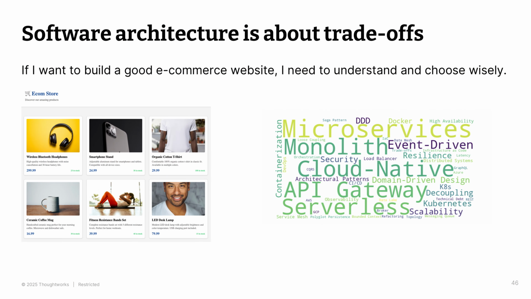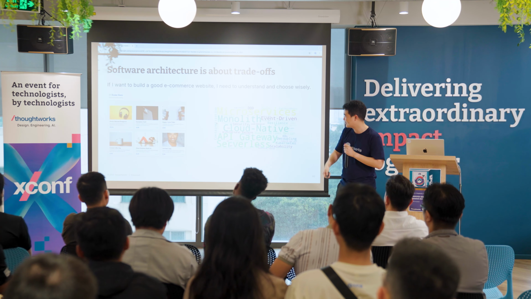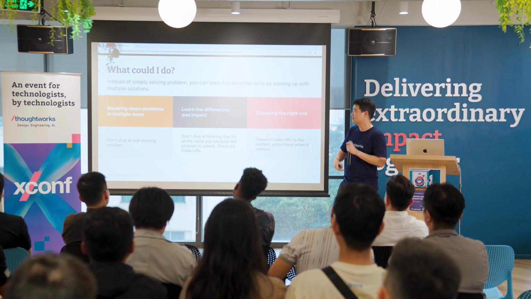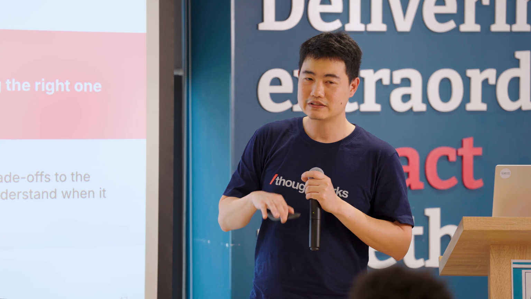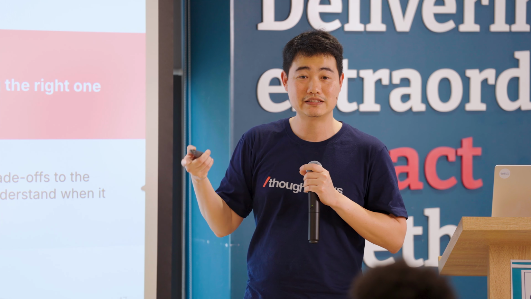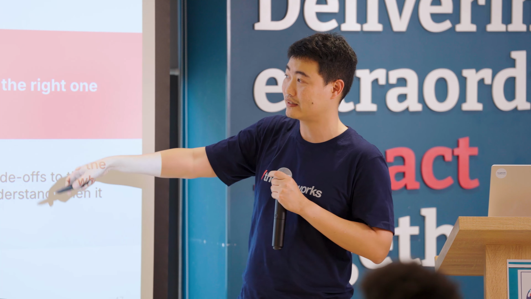If I want to build an e-commerce site, I can use any of these, right? I already talked about that. But for you, especially maybe the younger generation, if you want to still work in the industry, because a single solution now comes easier, I encourage you to practice this.